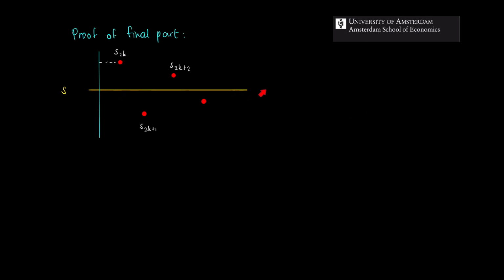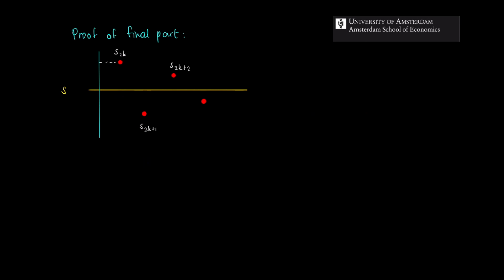So this is at height S. And if we look at the partial sums with the odd indices, that's our sequence C. And C is moving upwards, so it's monotonically increasing, and it also has a limit S, right?